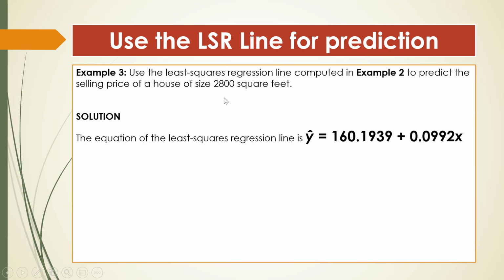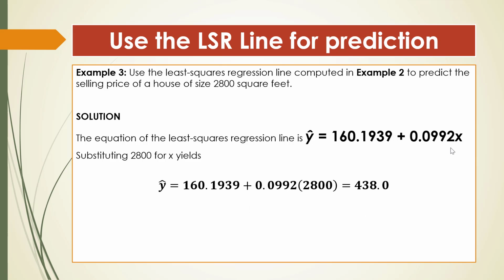Our interest is to predict the selling price of the house of size 2800 square feet. That means given x is equal to 2800, how do we find y hat? Basically, we just have to substitute 2800 for x. So we substitute in 2800 for x, use y hat is equal to 160.1939 plus 0.0992 times 2800, and it is around 438.0.